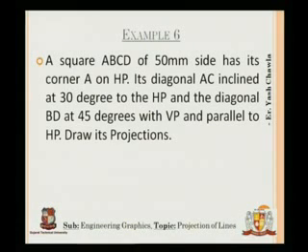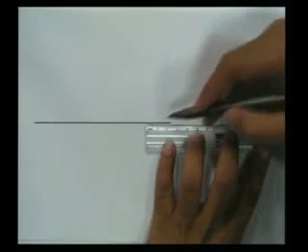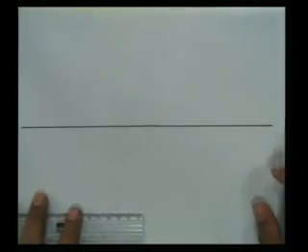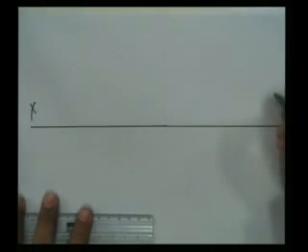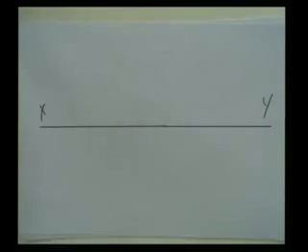So let's draw the line XY first. So this is line XY. Now I need to draw a square.